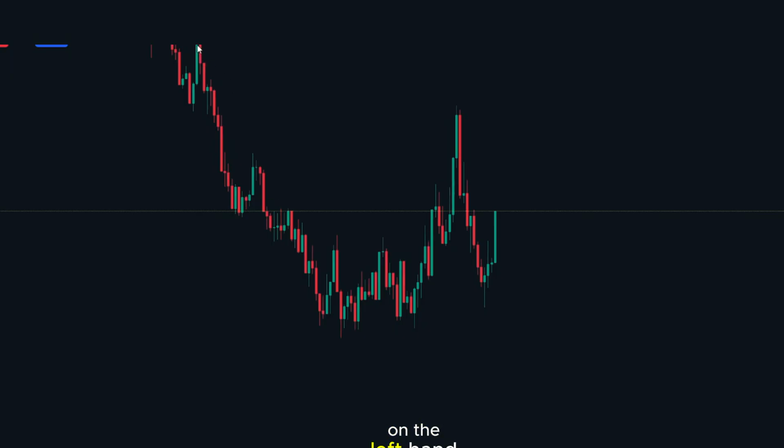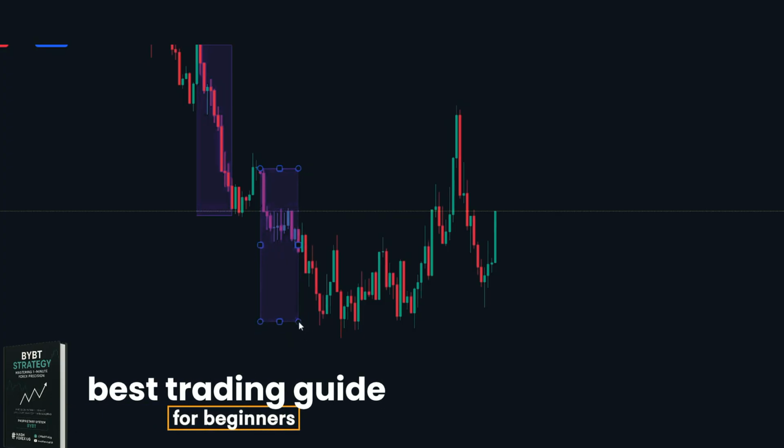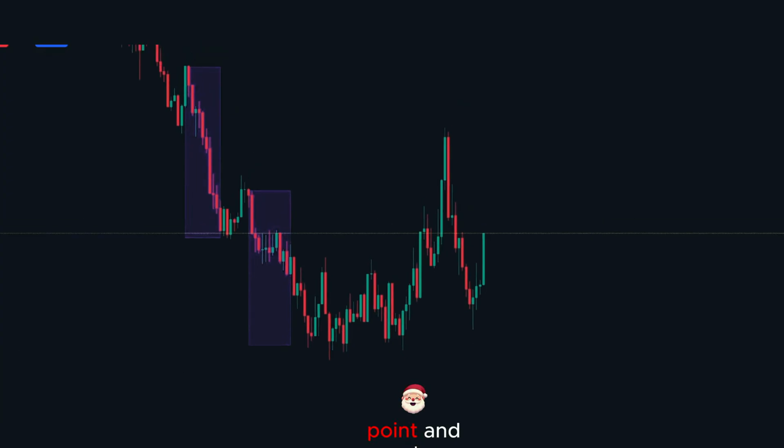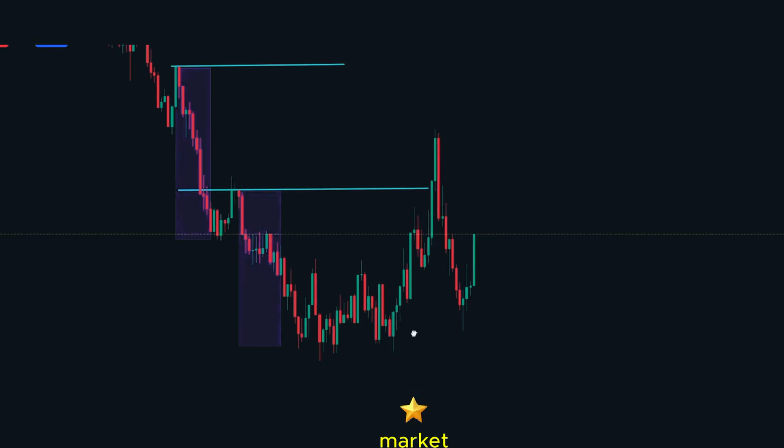If you look on the left-hand side, we are seeing some massive sellers that were dominating the market at that point, and you're seeing that they're leaving these levels, these lower highs here, and this lower high there. So these ones are going to be our key points in this market.